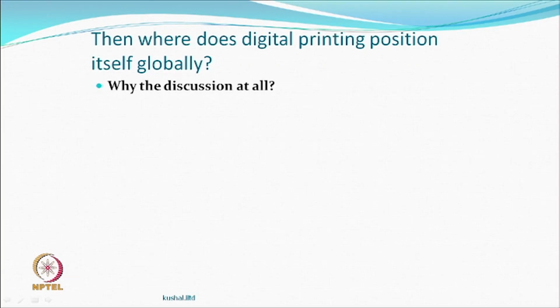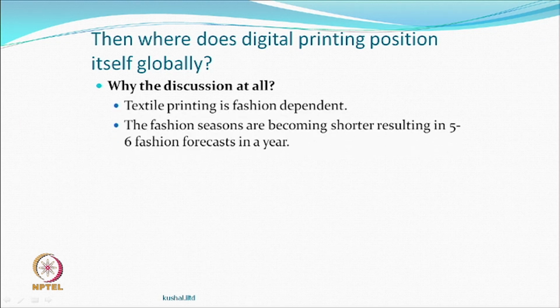So, this is what we are saying. Why do we have the discussion at all on digital printing of textiles? This is one reason which people think could be interesting. Printing is basically a fashion dependent process, and fashions are changing these days pretty fast.